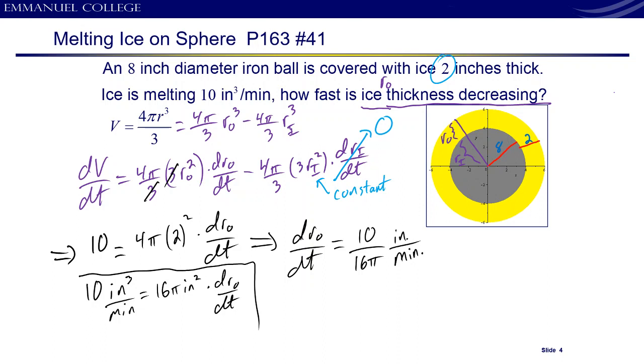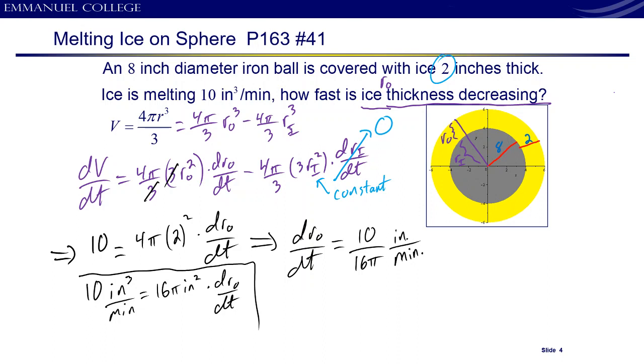Now, by the context of the problem, it's okay to say it's decreasing at a rate of 10 over 16 pi inches per minute when the ice is 2 inches thick. You don't want to say it's decreasing at negative 10 over 16 pi inches per minute, because if it's decreasing in a negative direction, that actually means it's increasing.